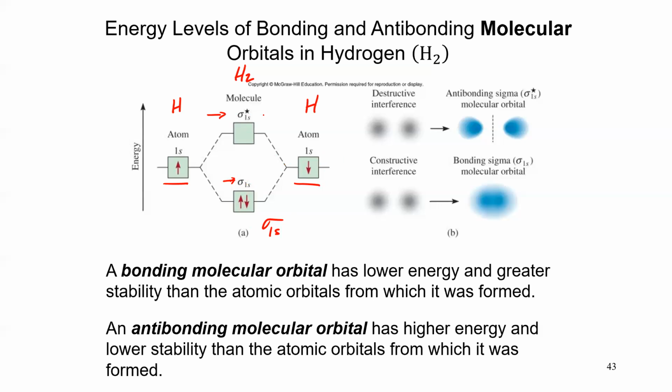Up the top, we have sigma star 1s. Notice how the sigma is lower in energy than the atomic orbital, and the sigma star is higher in energy than the atomic orbital. When we talk about the lower in energy option, we call that a bonding molecular orbital. So this is a no star.